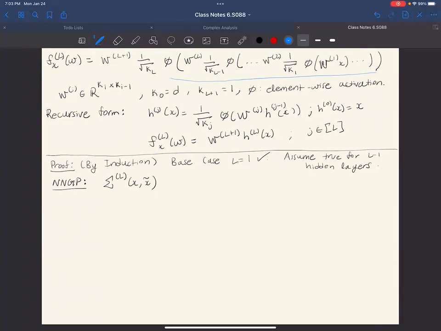And so what is this whole representation? Well, this whole representation that we had written out here, including this extra 1 over square root KL term, that is exactly h of L. That's how we've defined it. So it's just exactly going to be this inner product of h of L at x and h of L at x tilde.